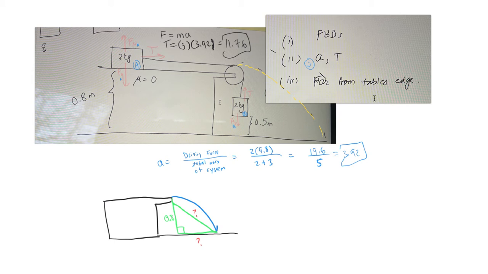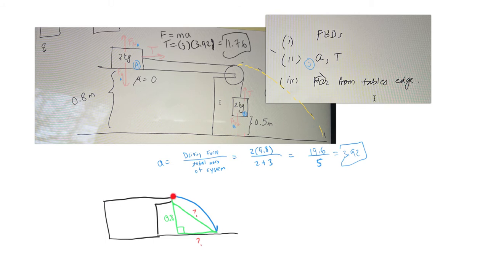Now, let's see. This is going down at an acceleration of 3.92. So I guess my question is, if the initial velocity is 0, what's the final velocity once it hits the ground?